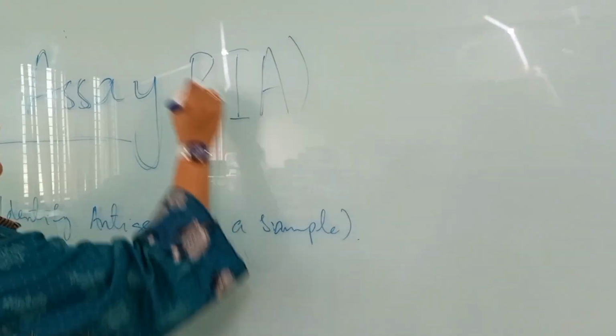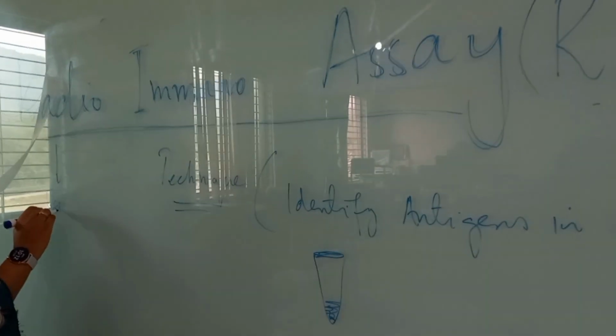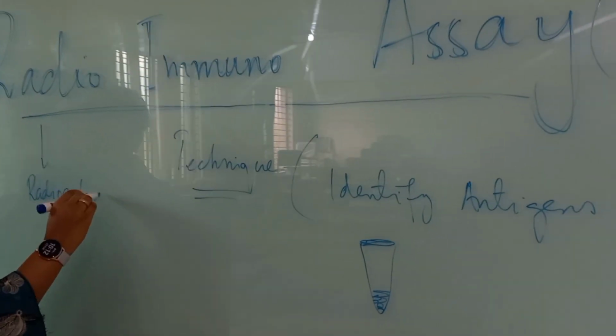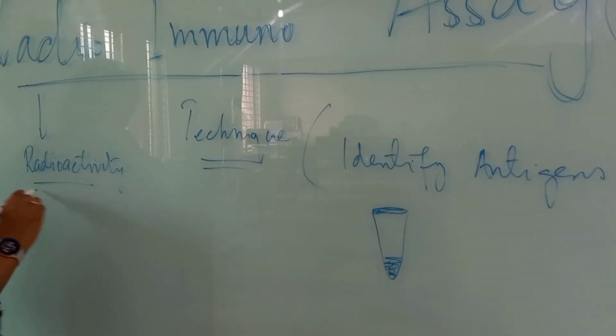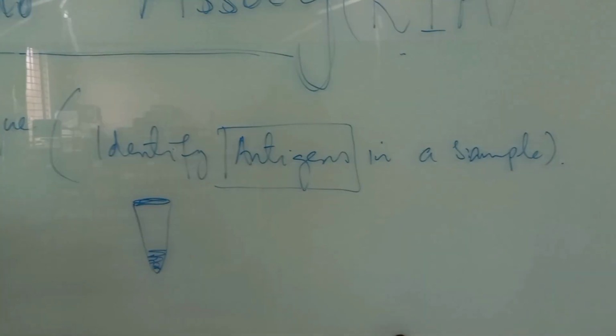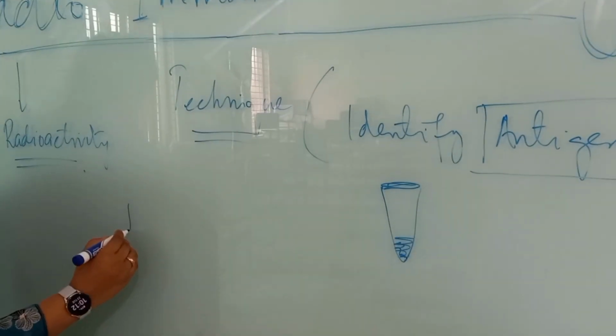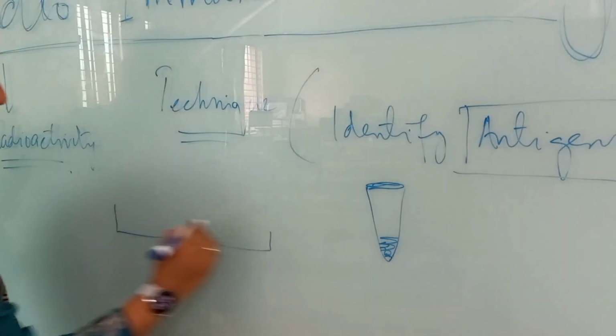So what is the basic principle of RIA? The RIA involves the use of radioactivity to identify the presence of antigen in a given sample. For that we need a microtiter plate.